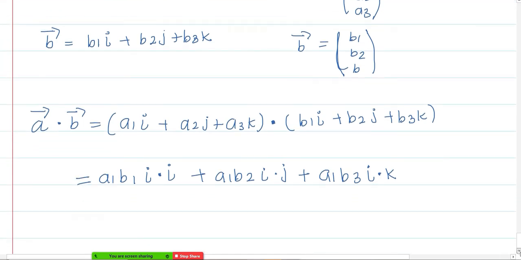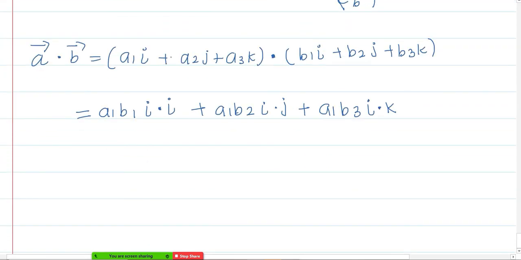Okay, next I'm going to take A2. I'm going to write down right under these terms.